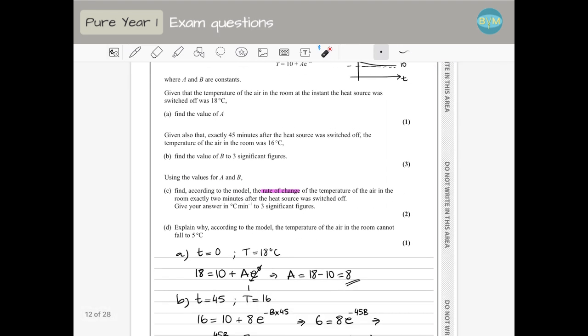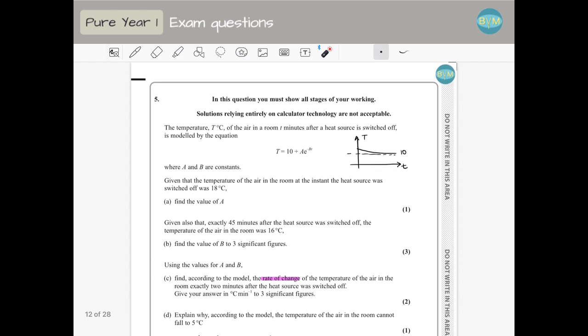The next bit says, explain why, according to the model, the temperature of the air in the room cannot fall to 5 Celsius. Remember the sketch that we did here? The minimum temperature is 10.